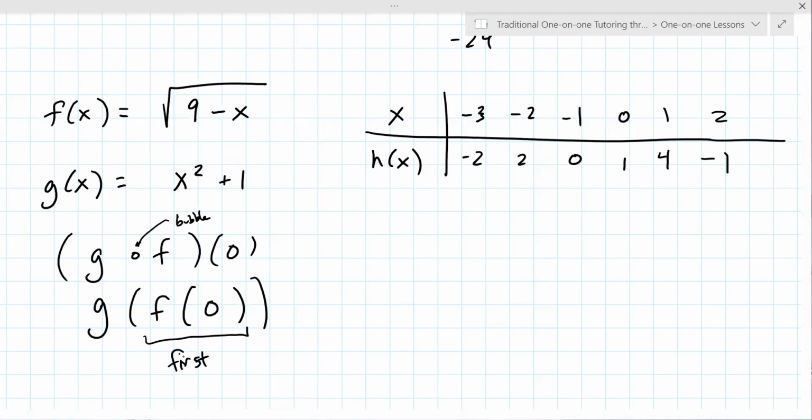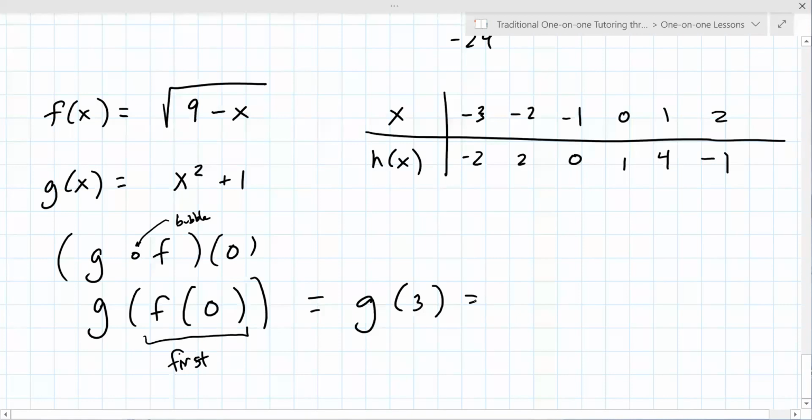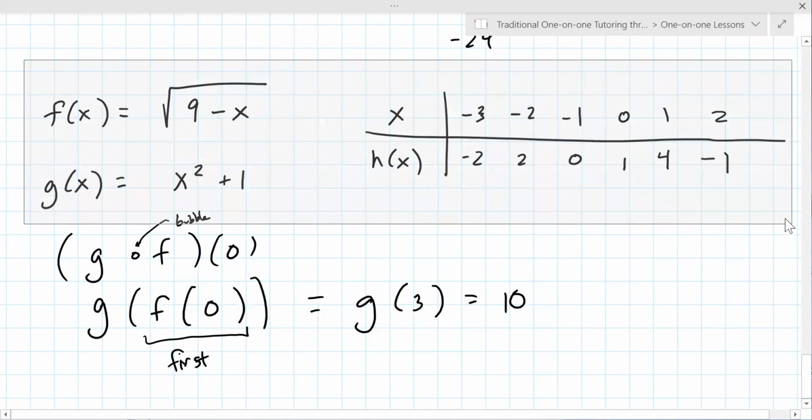3. So then you got to now say, oh, well, that's g of 3. What is that? 10. It is 10, okay? So now let's do another composition here where it's of itself.